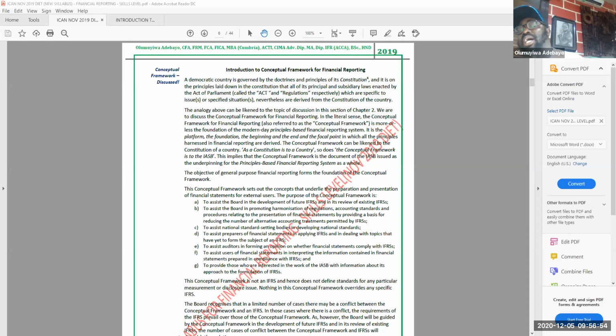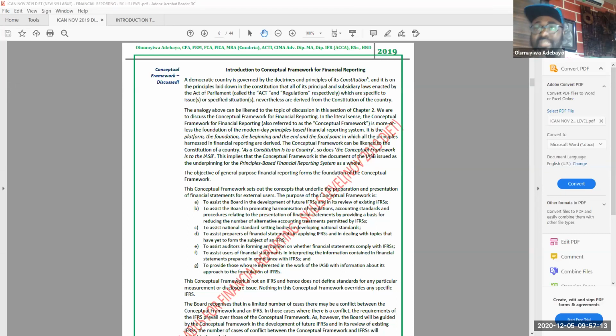Now, it also continuously assists the standard setting body, which is the IASB, to carry out some level of harmonization of accounting standards, which has also assisted them in trying to have a level of convergence with other standards around the globe.